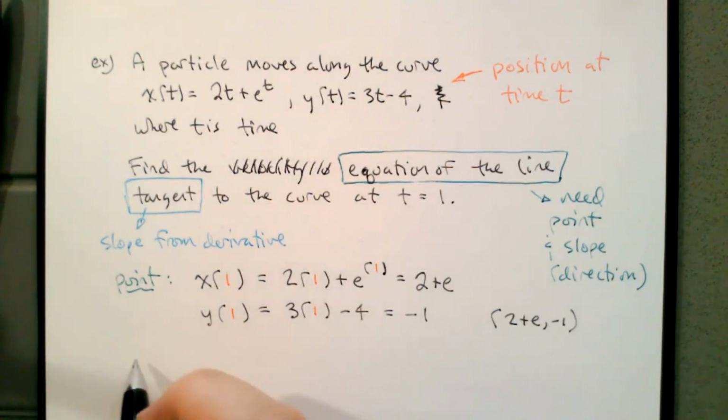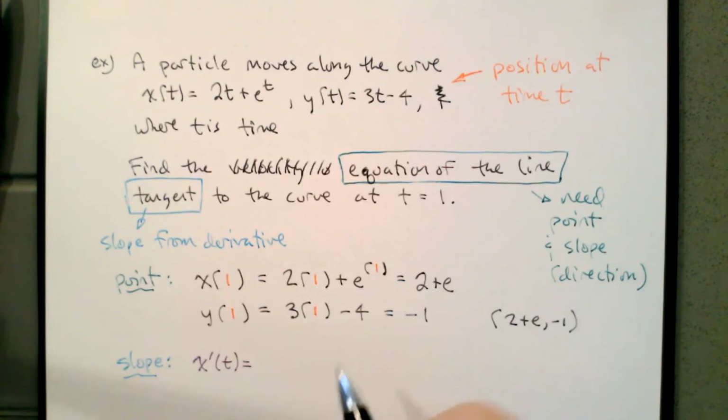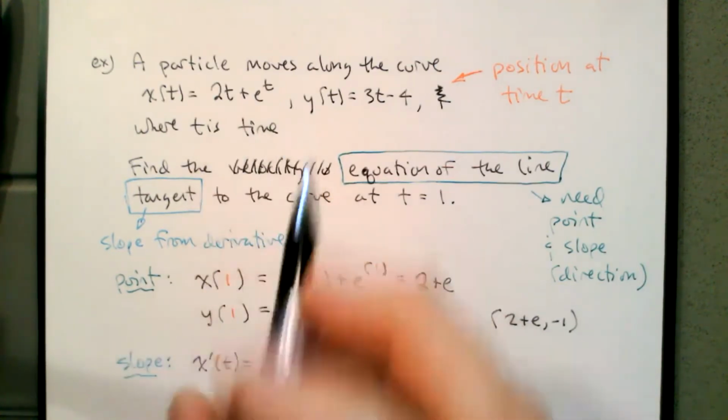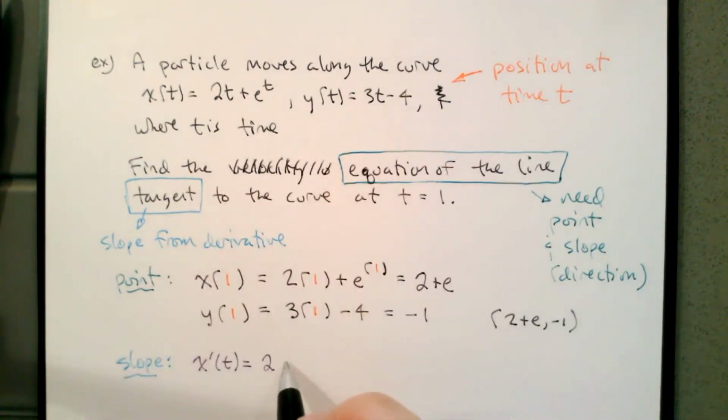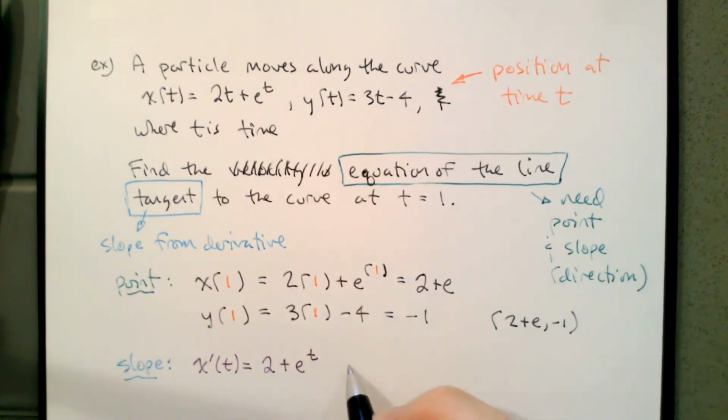So I need x prime of t. Oops. I need x prime of t. X prime of t, the derivative of 2t is just 2. And the derivative of e to the t is e to the t. I need x prime at 1.